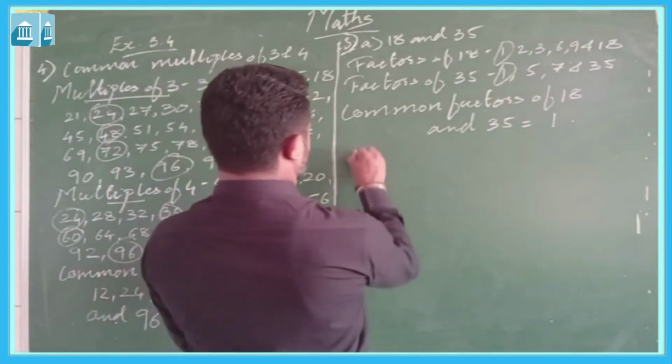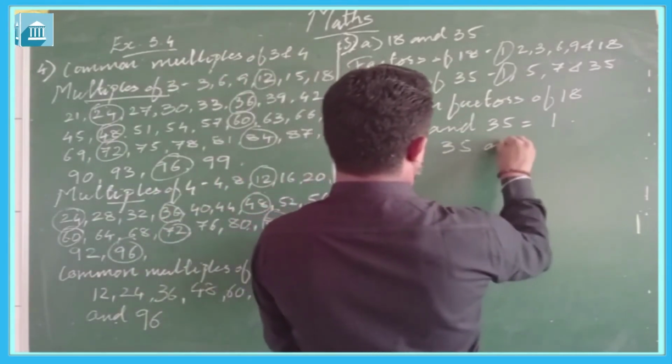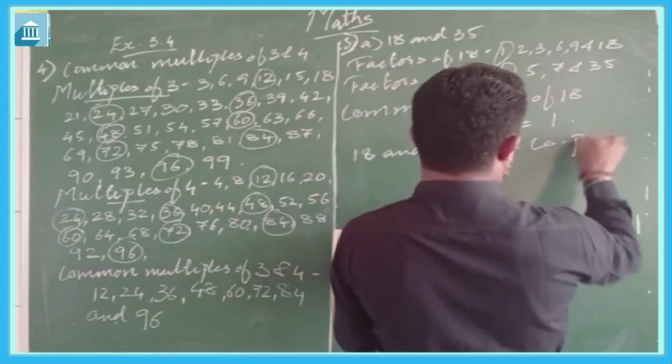So we can say that 18 and 35 are co-prime numbers.